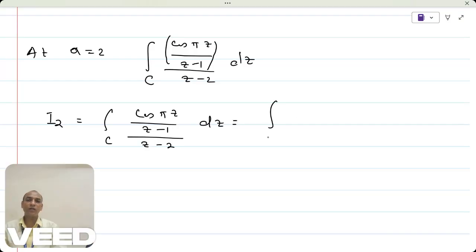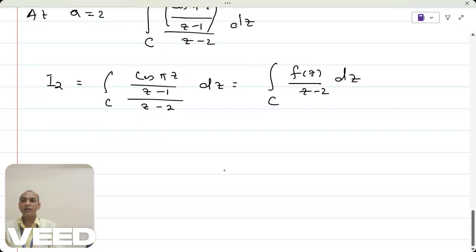So this is equivalent to integration over C of f of z divided by z minus 2 dz. Now what is our f of z? Our f of z will be nothing but cos pi z divided by z minus 1.